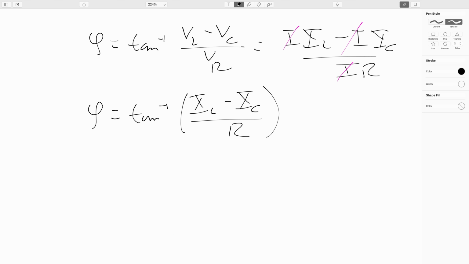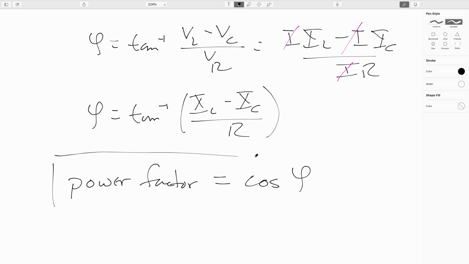In fact, this is enough of an issue that the cosine of this angle actually gets a name. It gets called the power factor. And I'm sure in electrical engineering texts it has a symbol, but I'm not aware of any symbol for it in physics. We usually just say the power factor, cosine phi.